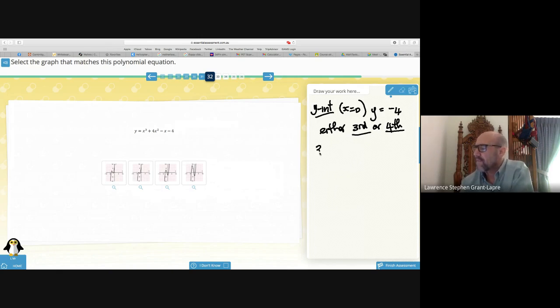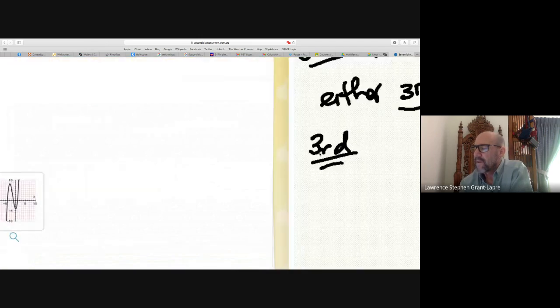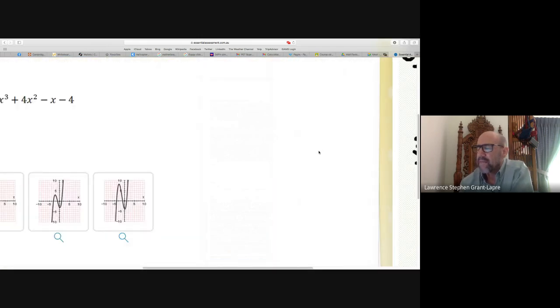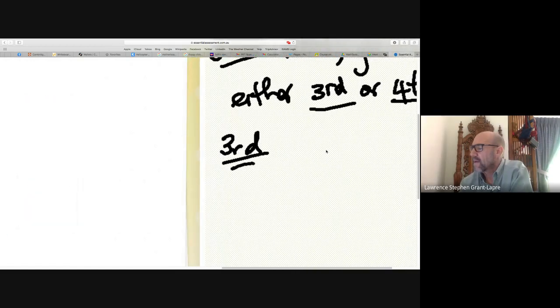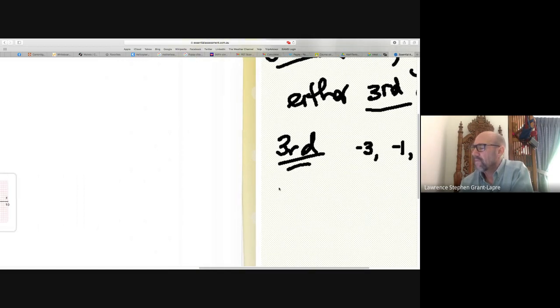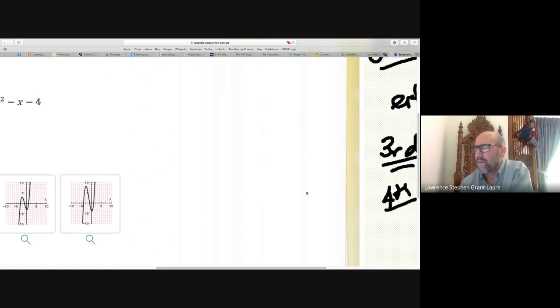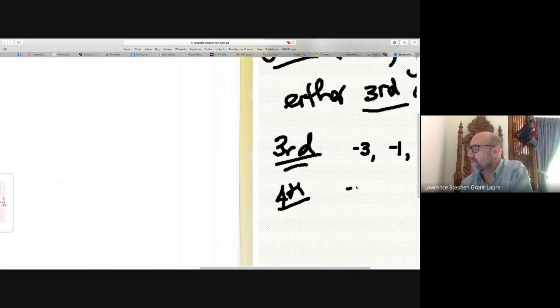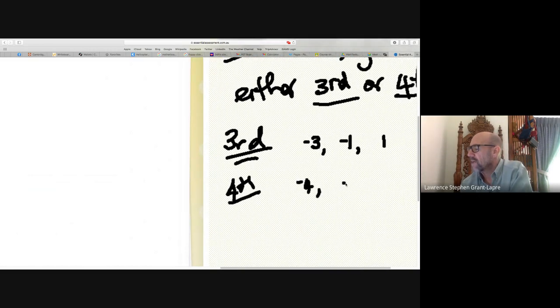The third graph crosses at -3, -1, and 1. The fourth graph crosses at -4, -1, and 1. Okay, so the only difference between these two is, does the graph cross at -3 or -4?